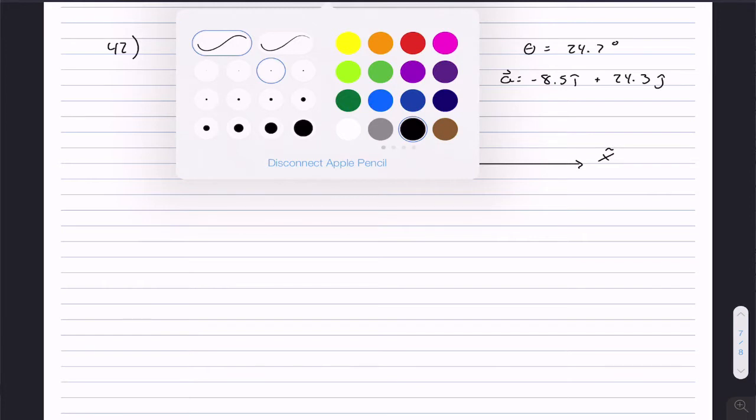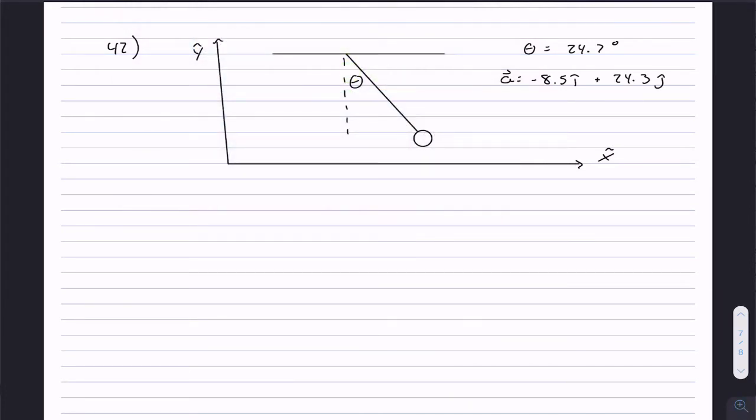Well, let's just do it over here. We're told that it's negative 8.5 in the i hat direction. So i hat is in the x direction. It's a negative value, so it's going this way. And then we have a positive value here, 24.3. It's about 3 times the size of that, so it goes straight up.